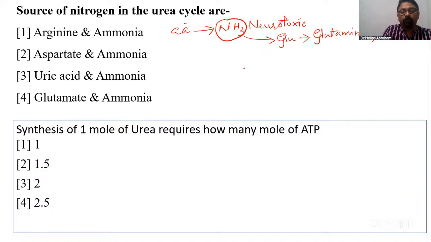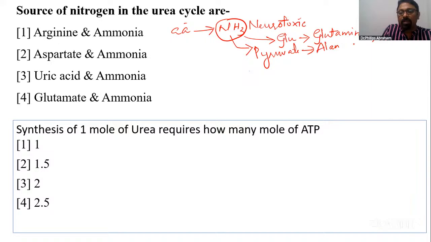From other tissues, and mainly the muscle, this ammonia, again neurotoxic, combines with pyruvate and converts to a compound called alanine.